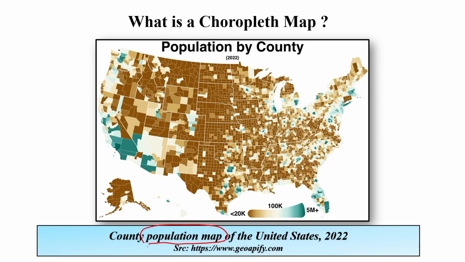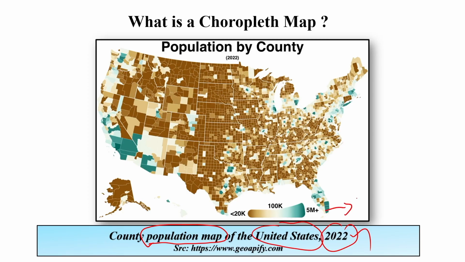Okay. Now I will show you a few examples. One example that you are seeing now is the population map of the United States based on the 2022 data. When you see this map, you first try to understand what it is trying to convey. The very important thing is your legend.